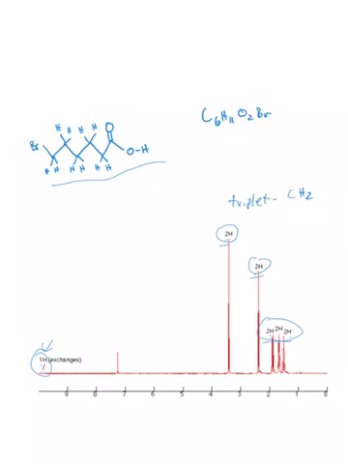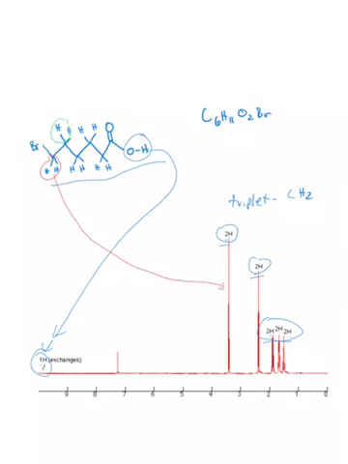This hydrogen is directly attached to this oxygen, so it's going to be shifted downfield the furthest. The next environment, we'll see that this CH2 right here is attached to a bromine, which is also very electronegative.